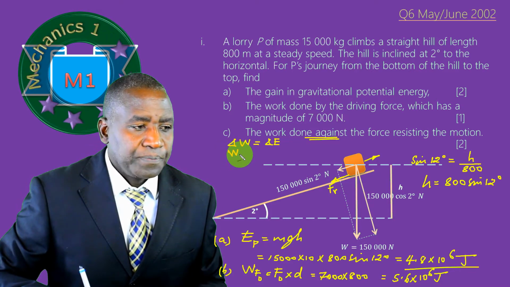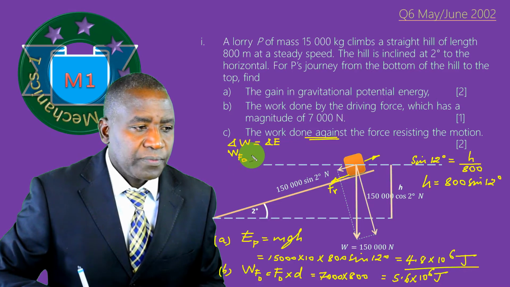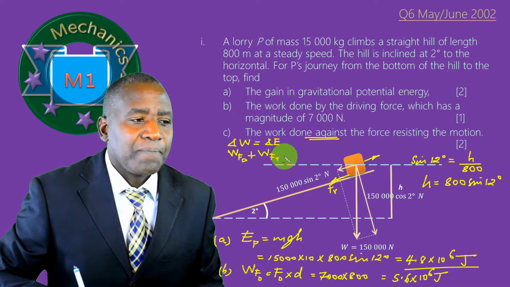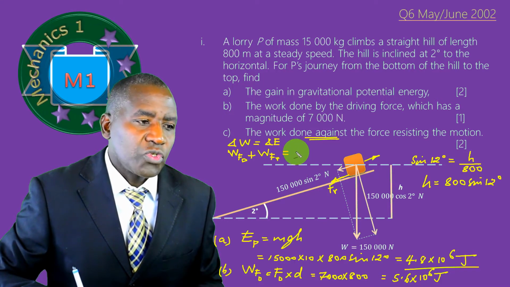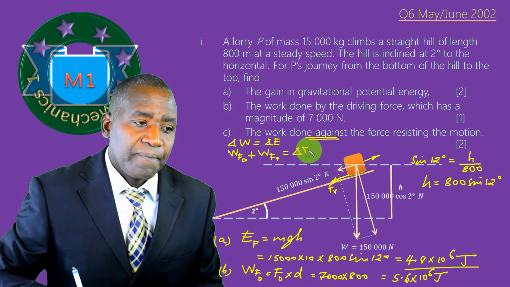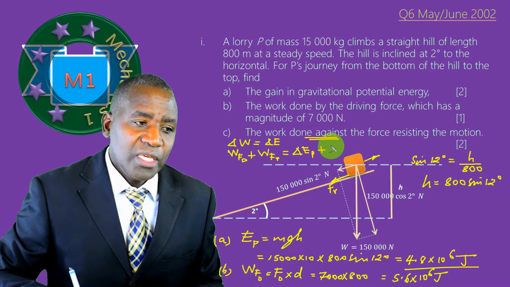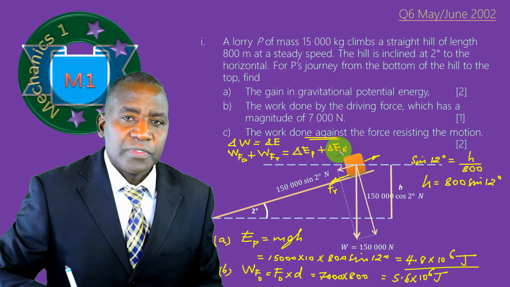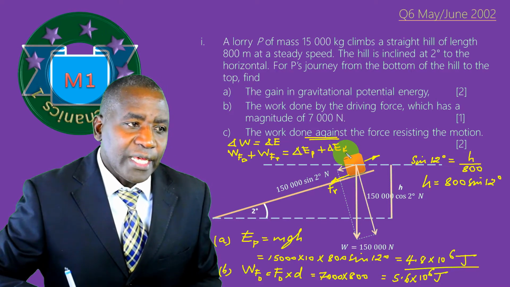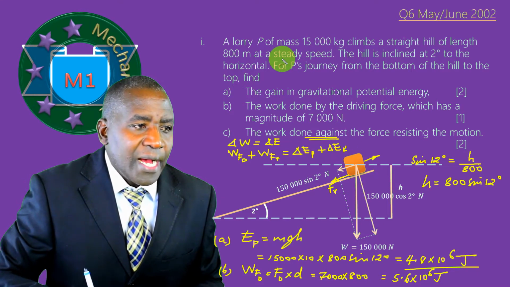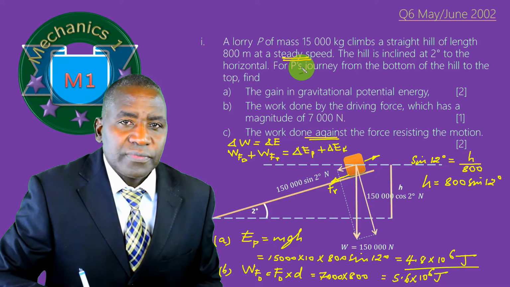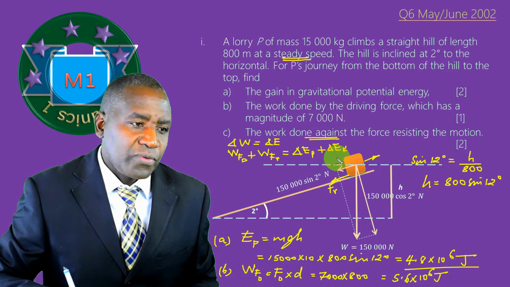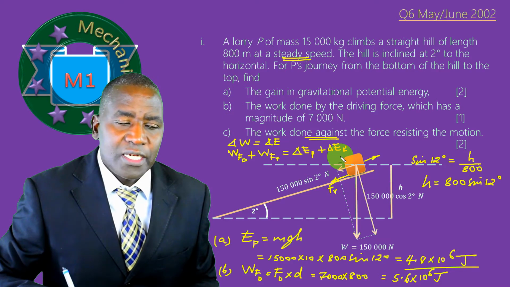The work done by the driving force plus work done by resistance is equal to gain in potential energy plus gain in kinetic energy. I'm going to rule out kinetic energy because it has a steady speed. I ruled that one out because the change in speed is 0, therefore its kinetic energy does not change.